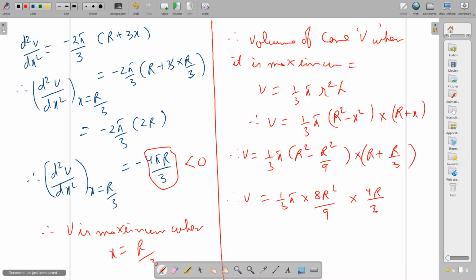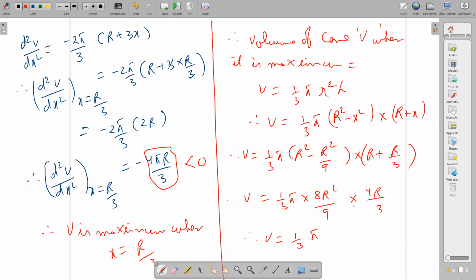So simplifying this, we'll be getting V equals 1 by 3 pi.